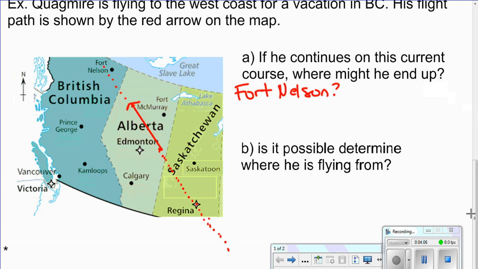So is it possible? I would say no. We don't know what country he started in. Maybe he started in Calgary and they flew like this. Maybe he started from Edmonton. Maybe he started from Saskatoon. Maybe he flew from Kamloops. I don't know. Right? There's many, many possibilities. We don't know which one it is for sure. So no, we can't, for many different reasons that we've listed. I sure hope you wrote one of them down.